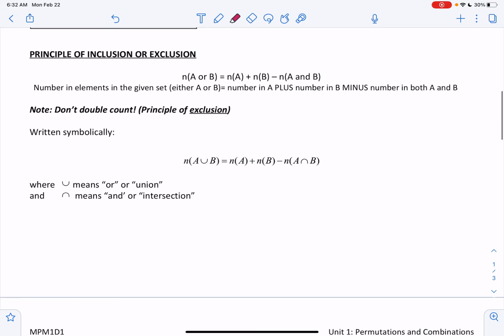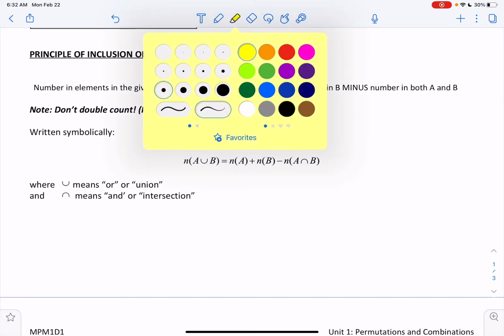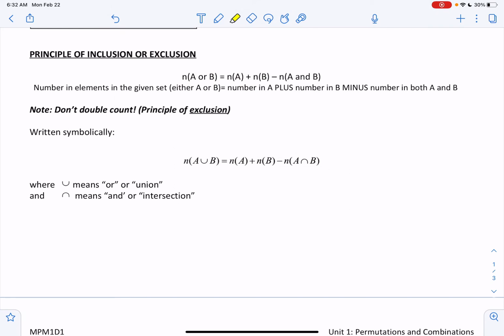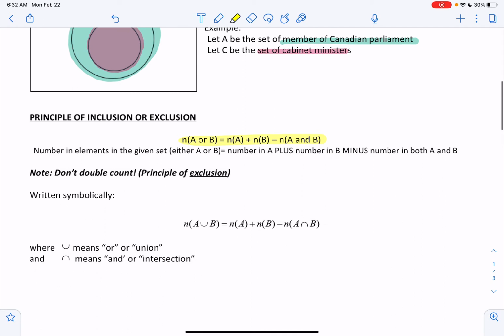Next, we're going to talk about our principle of inclusion and exclusion. So, the number of elements in A or B is equal to the number of elements in A plus the number of elements in B minus the number of elements in A and B. So, to give you an idea, this means the number of people in A or B, so not shared.